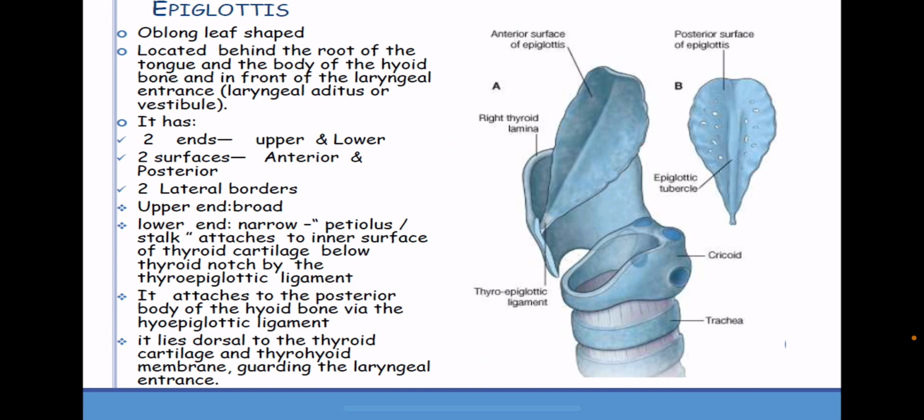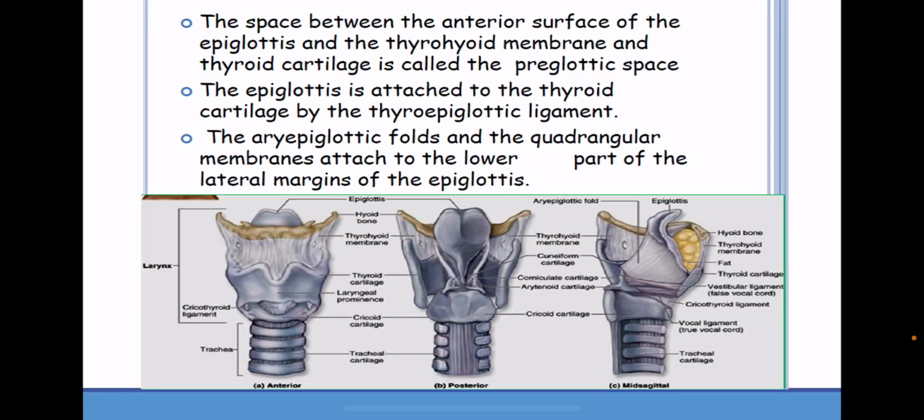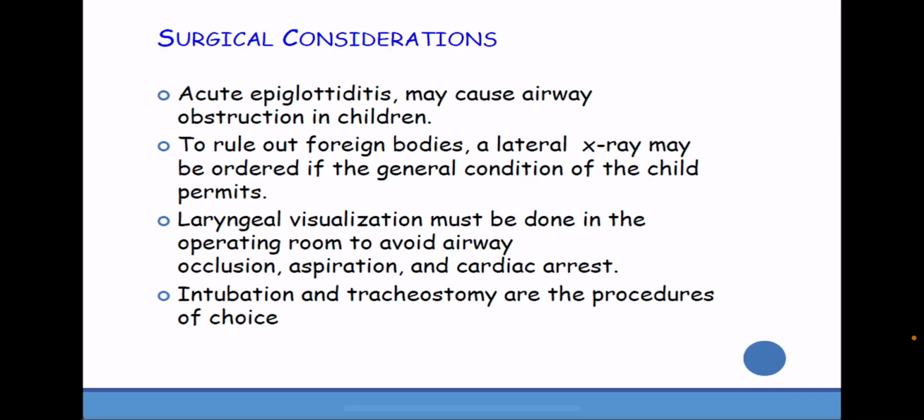It lies dorsal to the thyroid cartilage and thyrohyoid membrane, guarding the laryngeal entrance. The space between the anterior surface of the epiglottis and the thyrohyoid membrane and thyroid cartilage is called the preepiglottic space. The epiglottis is attached to the thyroid cartilage by the thyroepiglottic ligaments. The aryepiglottic folds and the quadrangular membrane attach to the lower part of the lateral margin of the epiglottis.